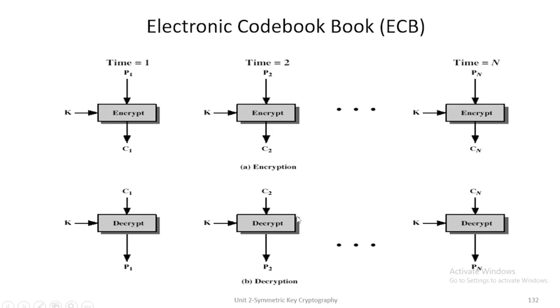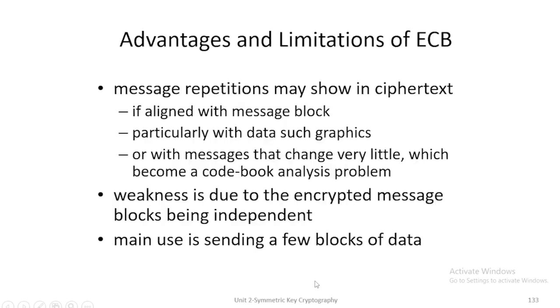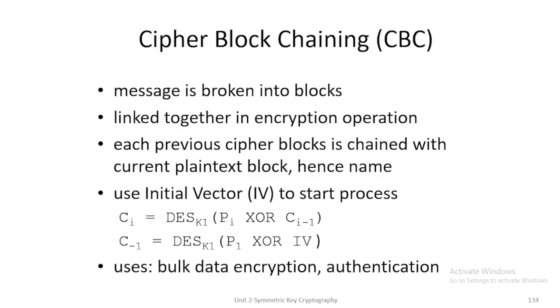All the ciphertext blocks are decrypted with the same key, and we get the corresponding plaintext values. The advantage is that we can align the messages as a sequence of blocks, implement the same key value for all the blocks, and the encryption of all blocks may run independently. That is the advantage of this one.